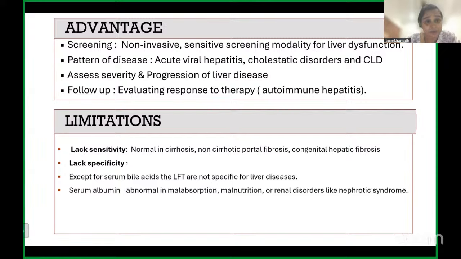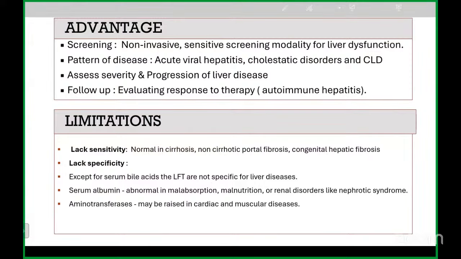So this albumin can be abnormal in pediatrics, especially in case of PEM, that is your severe acute malnutrition. It can be abnormal in malabsorption syndromes, chronic diarrheas, and renal disorders also. It can be abnormal in many other conditions also, and then may be mistaken for a problem in liver disease.